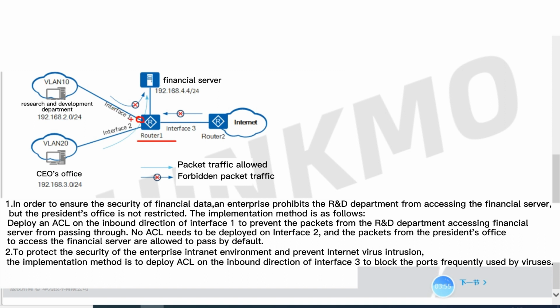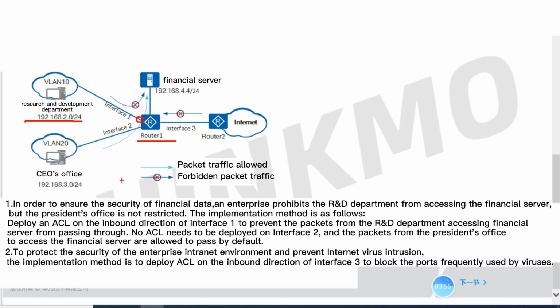It is to limit where the R&D department comes from. So its network is 192.168.4.4. Now restrict access to the finance server, IP address of 192.168.4.424. For the President's office, it doesn't need another rule on this side.